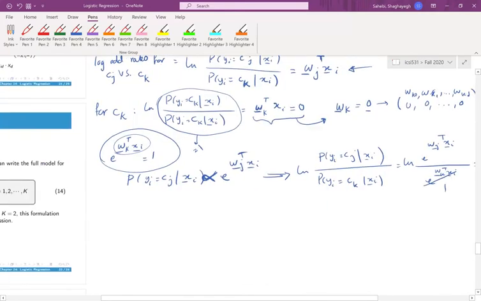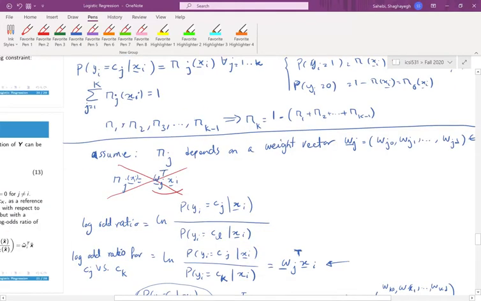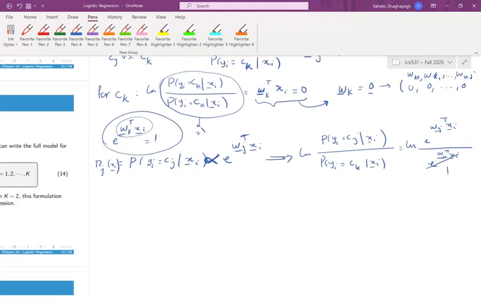So this should be proportional to e to the wj transpose xi for pi sub j of xi. But also we know that the summation of all of the pi's should be equal to 1, right? So to make that happen, what we are going to do is to normalize these e values.